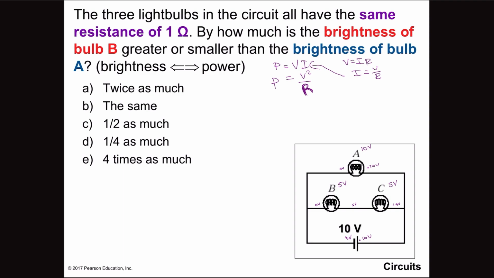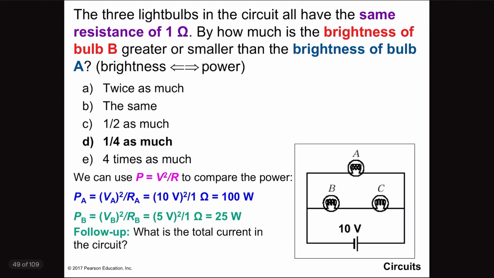And of course, if we're squaring something that's twice as big, we end up getting something that's 4 times bigger, which means we should have 4 times the amount of power going through A than through B. What are they asking? How much brighter? So A is 4 times brighter than B, which makes B 1/4 as much as A. Okay? Yeah, there you go.